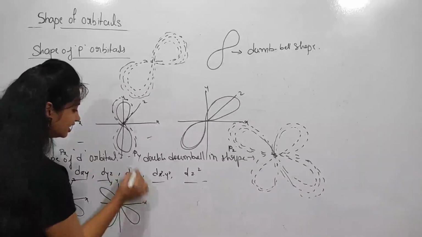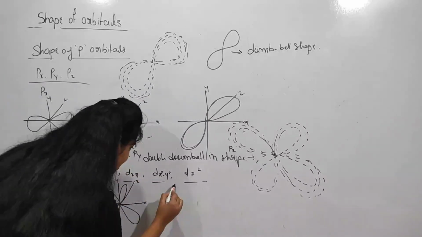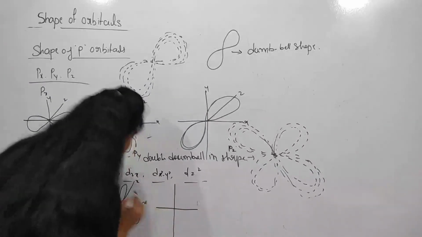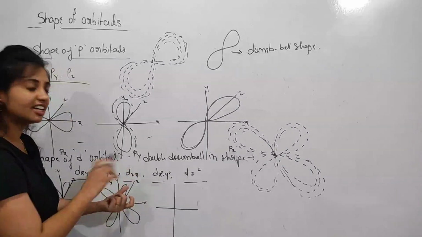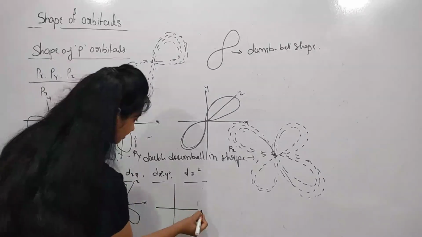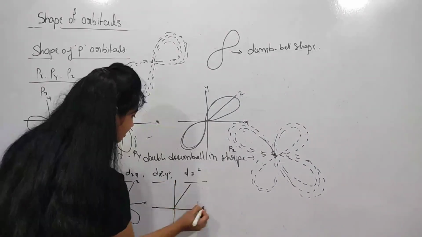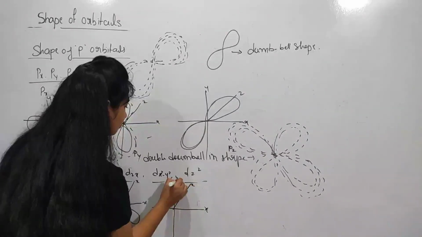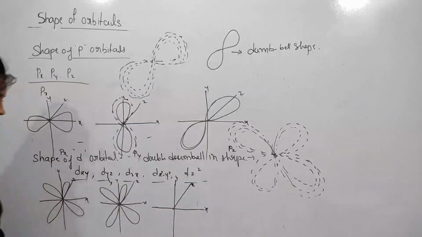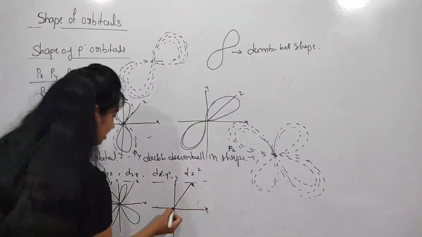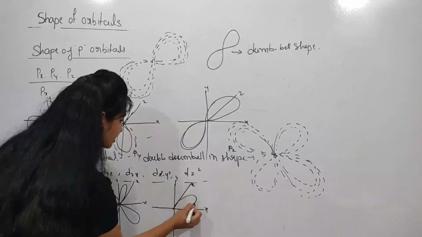And next one is dzx. So same here. The dumbbell shape lies in between the Z and X axis here. So this is our X axis, Y axis and Z axis. So dzx is in between the z and x-axis.